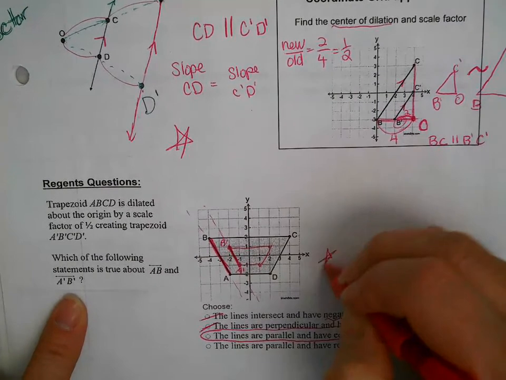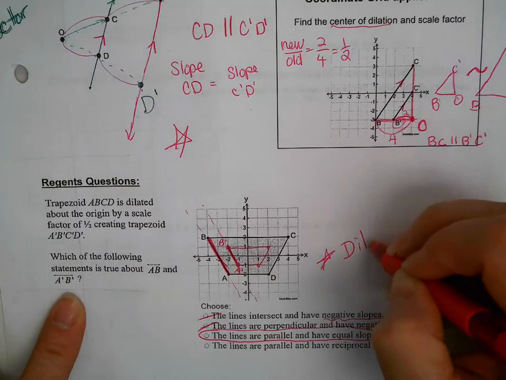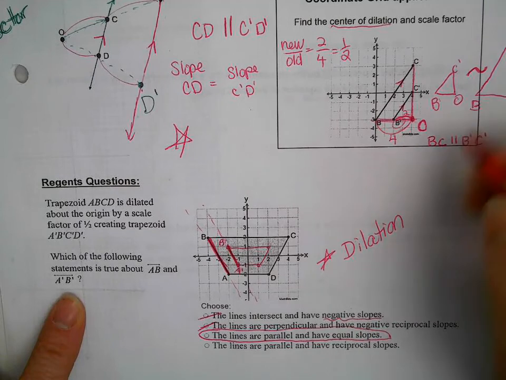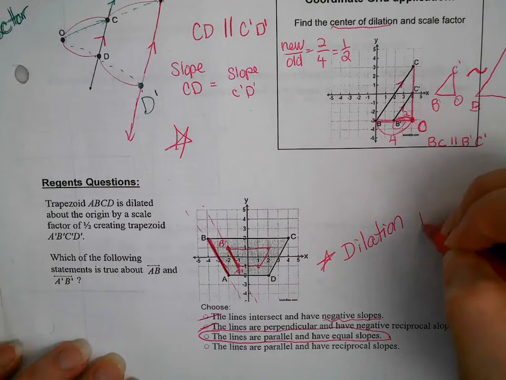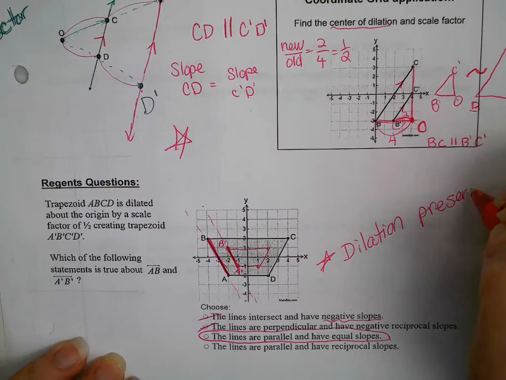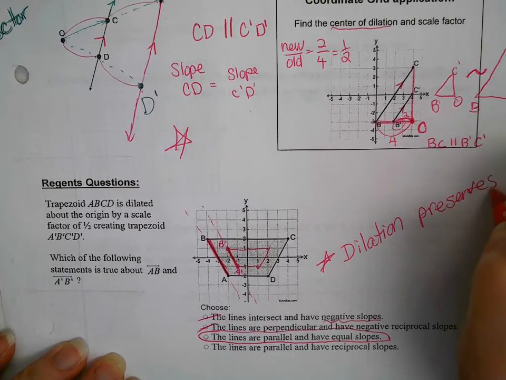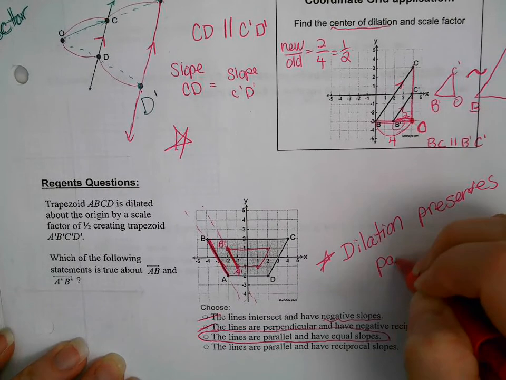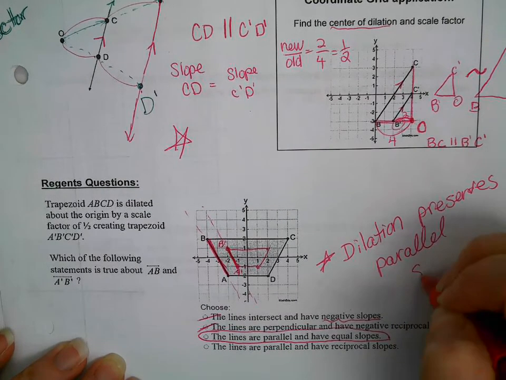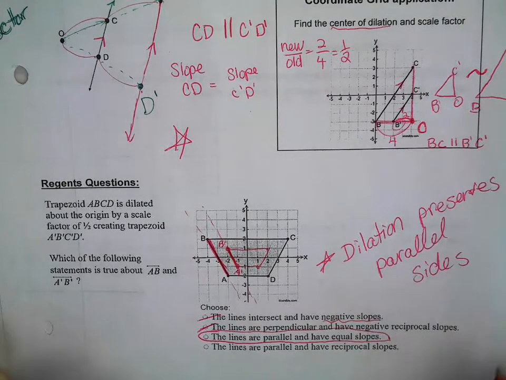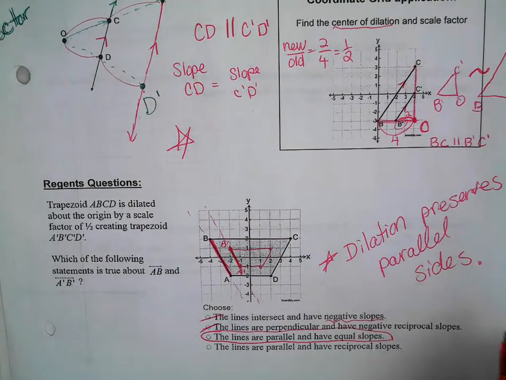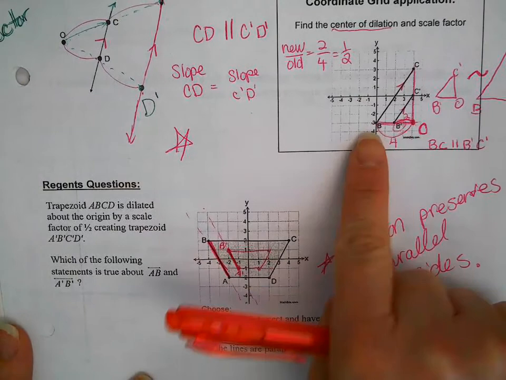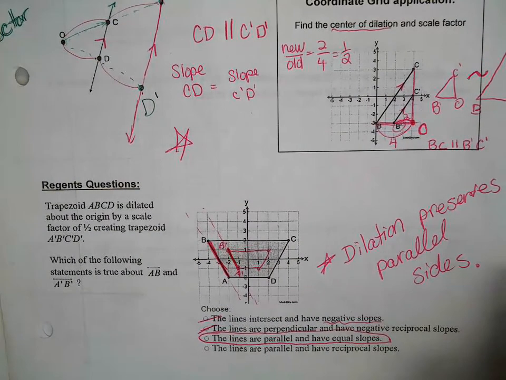So a little key fact to this is that a dilation preserves parallel sides. It keeps things parallel as it gets bigger or as it gets smaller.